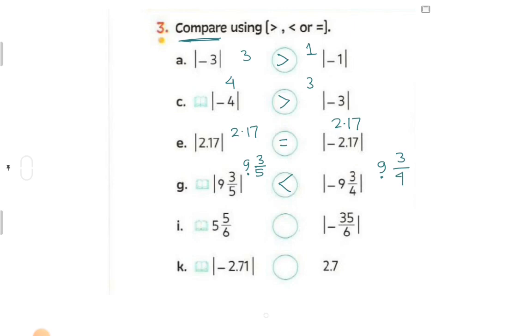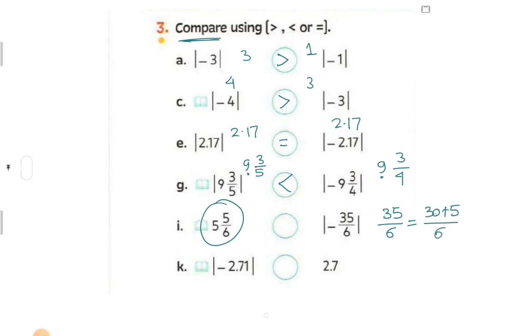5 and 5, 6. Absolute value of negative 35 over 6. Here itself, and here it's equal 35 divided by 6. Okay, positive. Now I need to solve this. 35 divided by 6 is not divisible, but I can make it 30 plus 5.